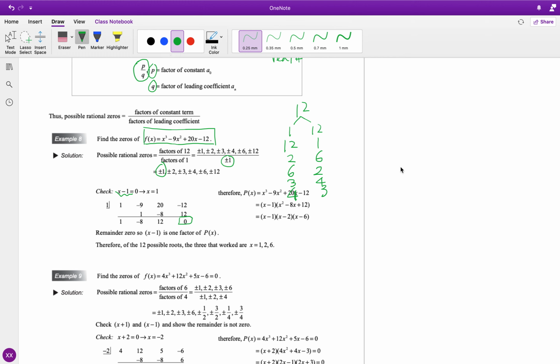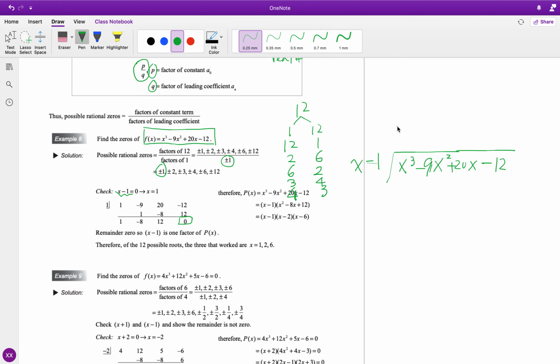So then in this case, you would use your original function divided by x subtract 1. And then from there, you know you will get a quadratic function, right?